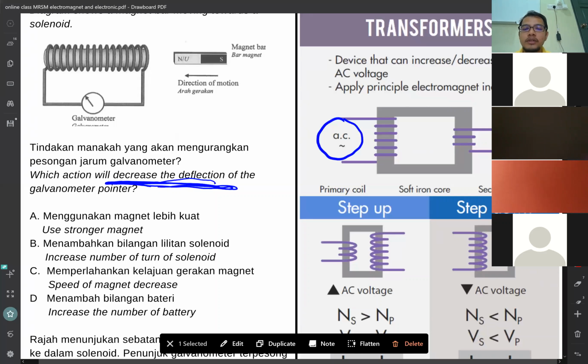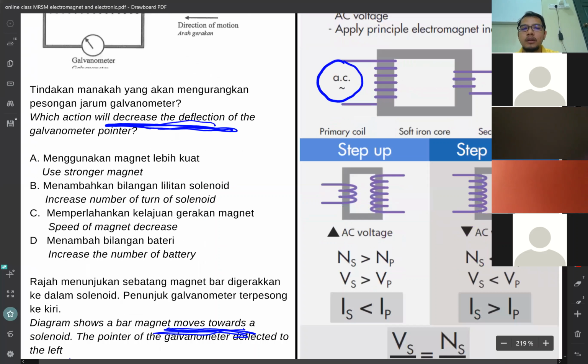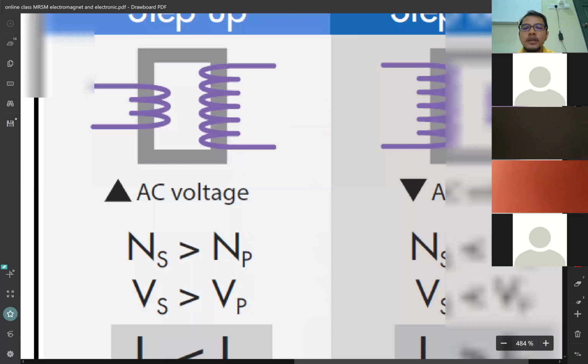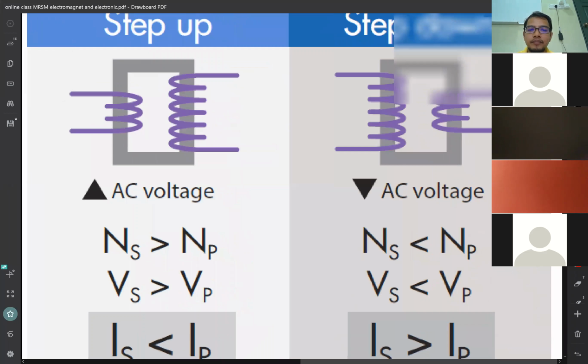To differentiate between step up and step down is really easy. If you see the number of turns being increased, that means the volt will increase. If the number of turns becomes smaller, that means the volt will also be smaller.